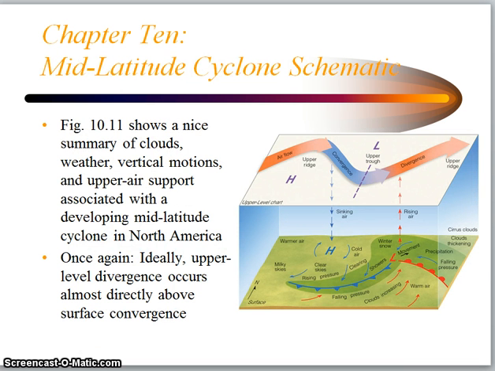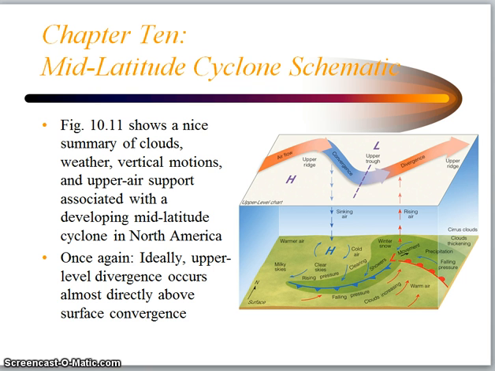This figure shows a nice summary of clouds and weather and vertical motions and upper air support that are associated with the developing mid-latitude cyclone. The dark green on the surface part of the map, where the red L is, and the fronts, indicates the area where precipitation is falling, either rain or snow.